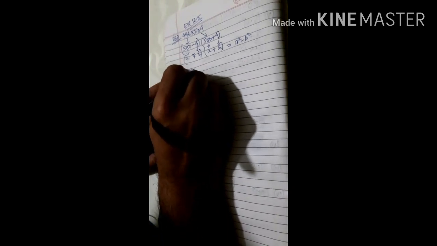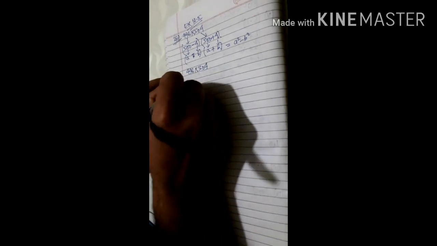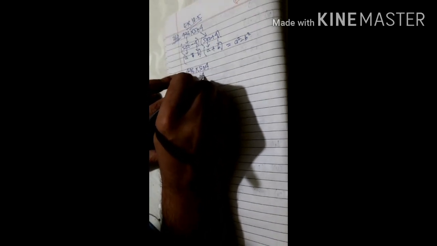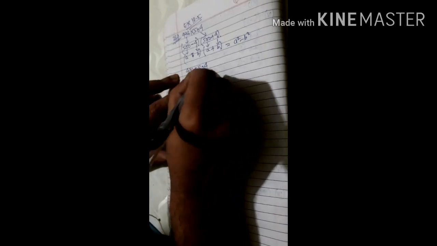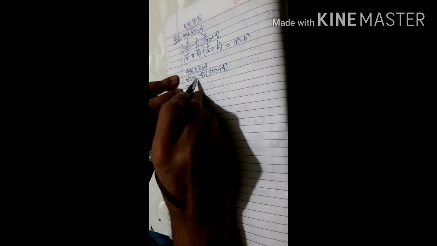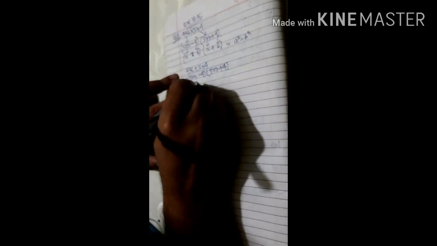So 496 multiplied by 504. 496 means 500 minus 4, and 504 means 500 plus 4. So a minus b multiplied by a plus b is a square minus b square.